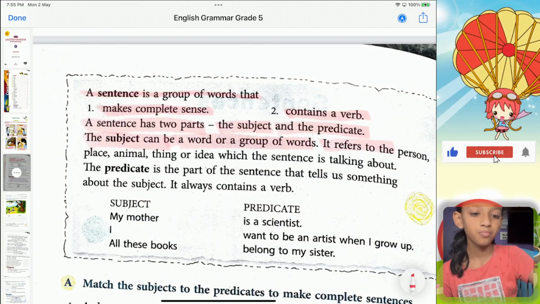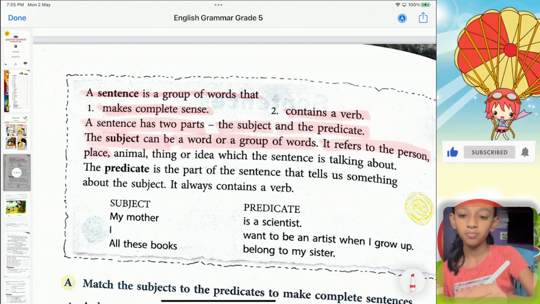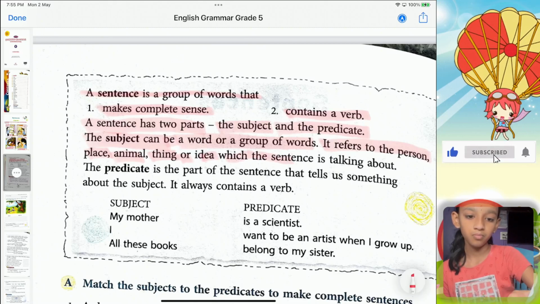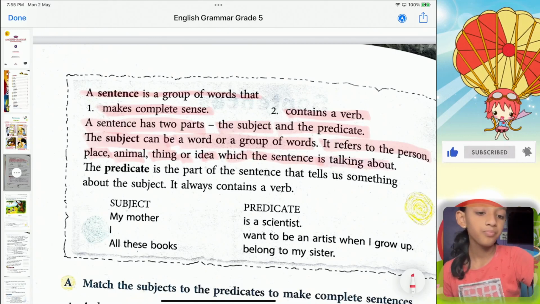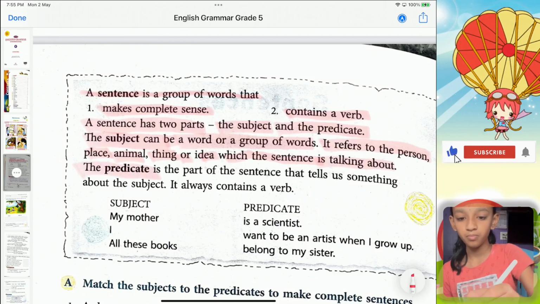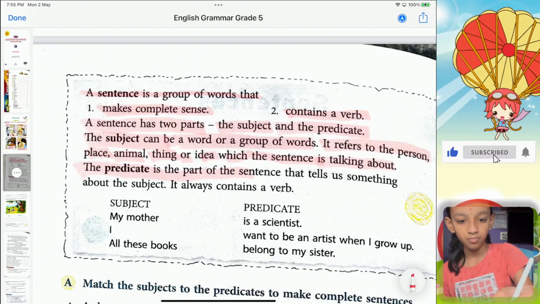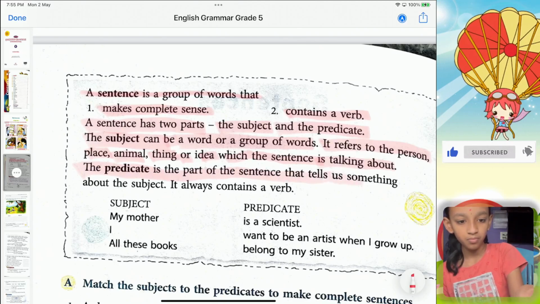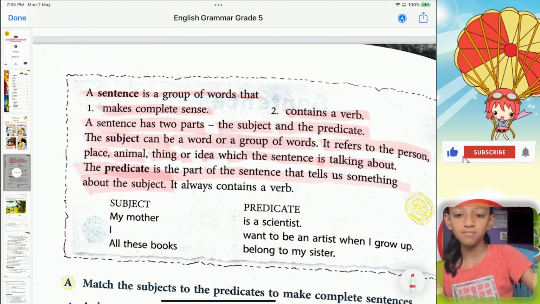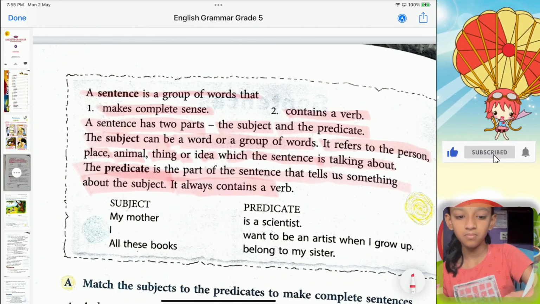It refers to the person, place, animal, thing, or idea which the sentence is talking about. The predicate is the part of the sentence that tells us something about the subject. It always contains a verb.